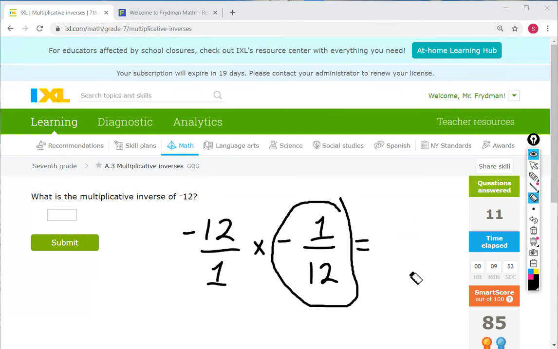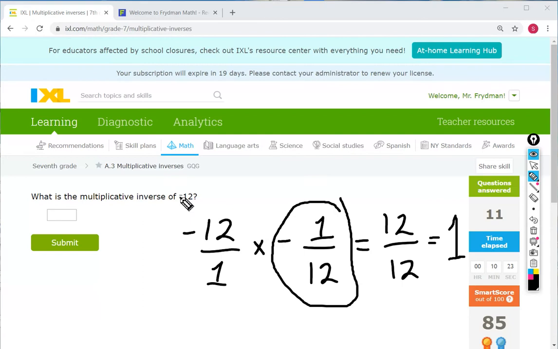And just to show you that that would give us 1, we have a negative times a negative is positive. And then 12 times 1, we've done this before. 12 times 1 is 12. 1 times 12 is 12. I don't have to put a negative sign here because I know that a negative times a negative is positive. So this result is not negative, it is positive. So I get 12 over 12, which is equal to 1, which is exactly what I wanted.